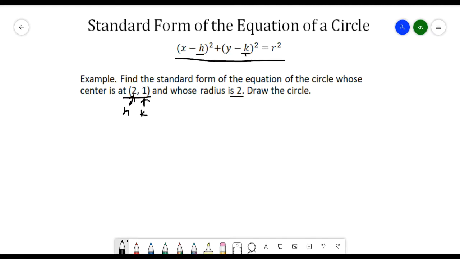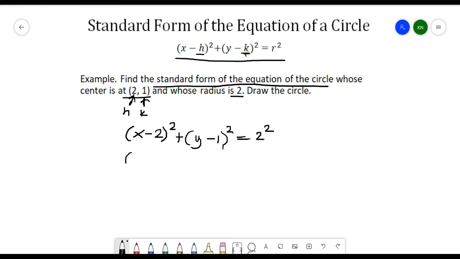Transforming this to the standard form of the equation of the circle, we have (x - 2)^2 + (y - 1)^2 = r^2, which is 2^2. Performing the operation, we have (x - 2)^2 + (y - 1)^2 = 4.